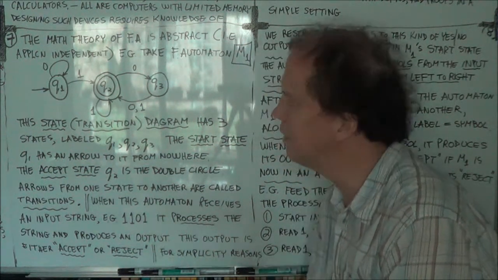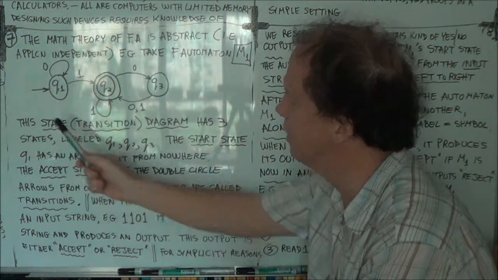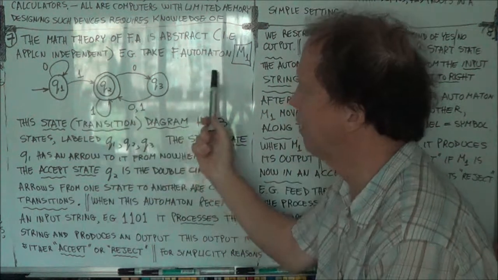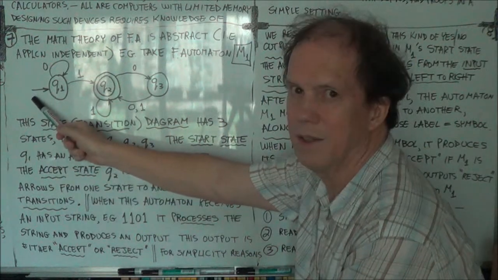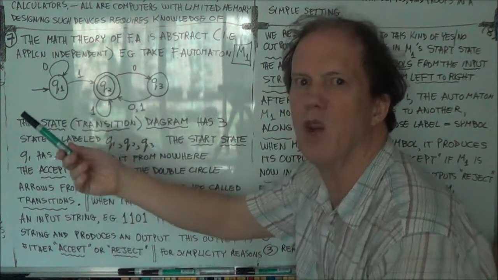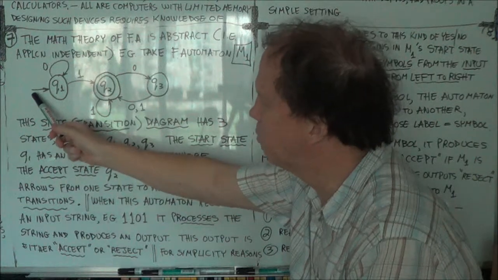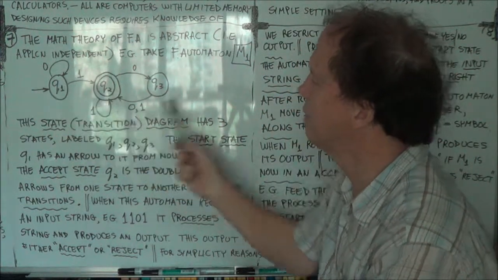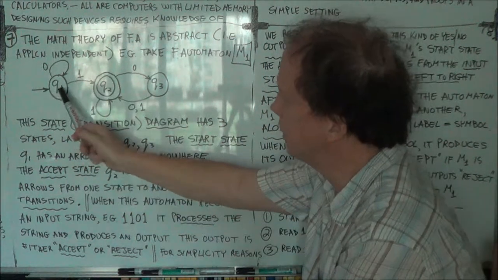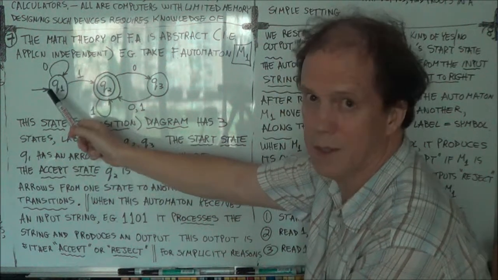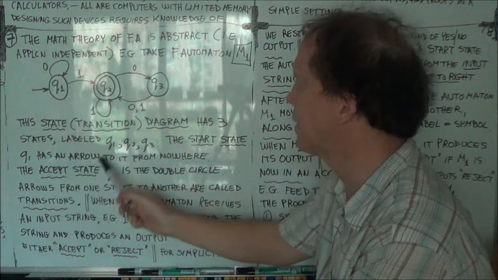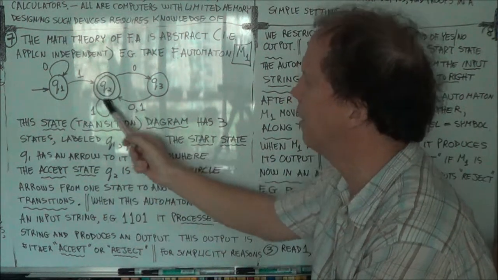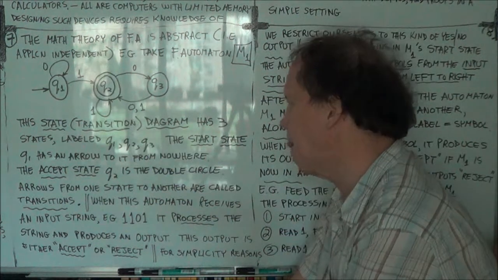So you look at a state diagram and you go looking for the disconnected arrow, the arrow coming in from nowhere, and it points to your start state. So you'd know immediately that Q1 is your start state, and your accept state is this one.